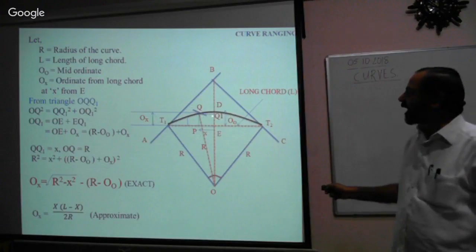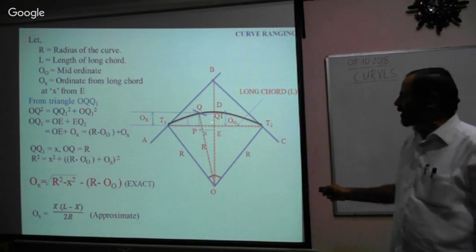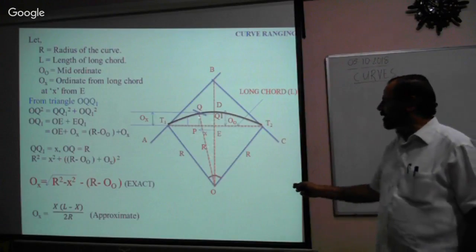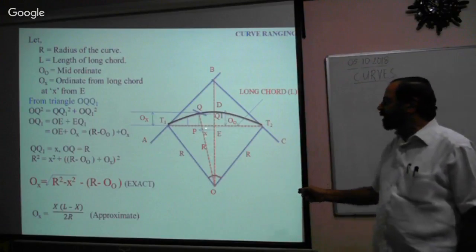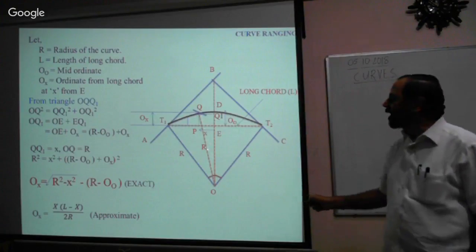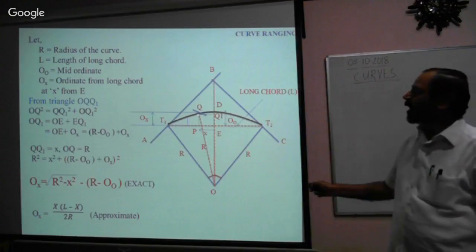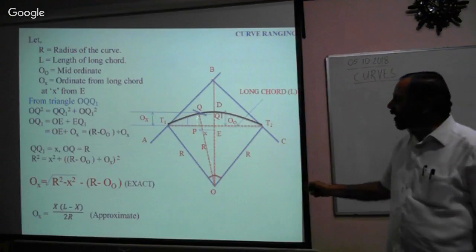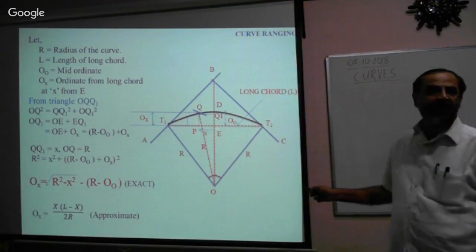Now consider this triangle OQQ1. From here to here it is R, and from here to here it is OX, and from here to here it is x.